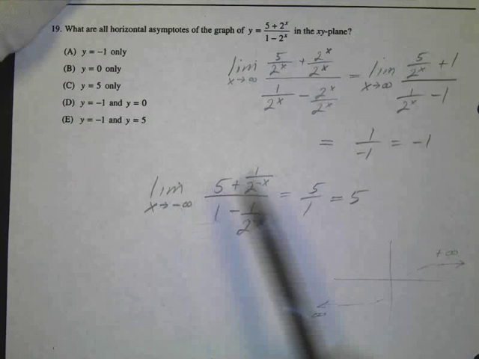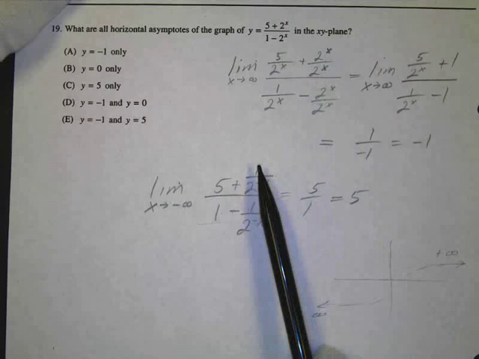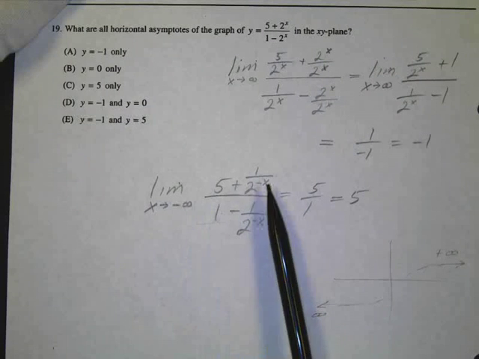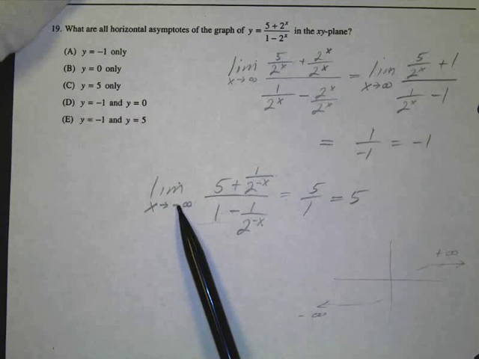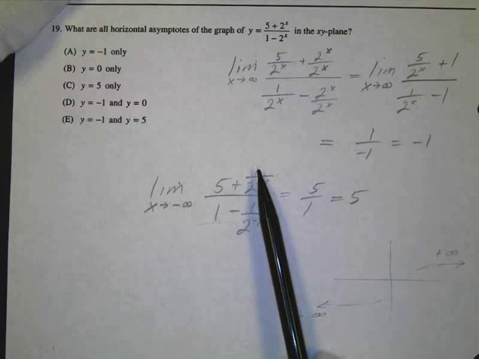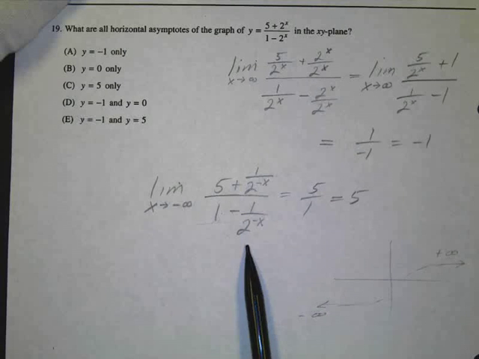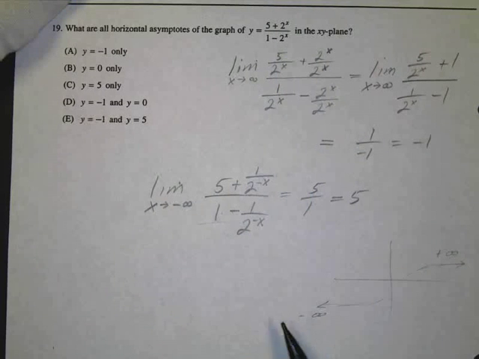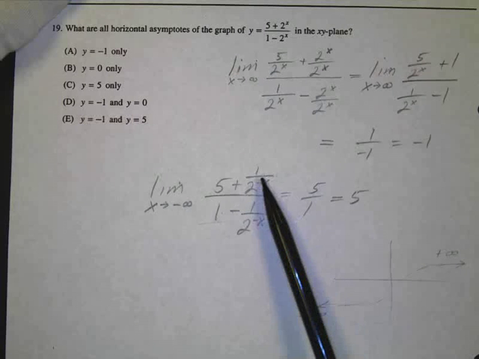It becomes a positive. All I did was rewrite this as 1 over 2 to the negative x, and if I substitute negative infinity, the negative times the negative becomes a positive, so I've got 1 over 2 to the infinity again. Same thing over here. All I had to do was put these in the bottom. I didn't have to divide everything. And if I do that, look what happens.